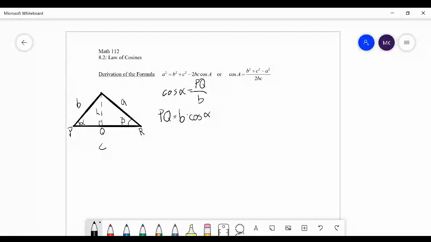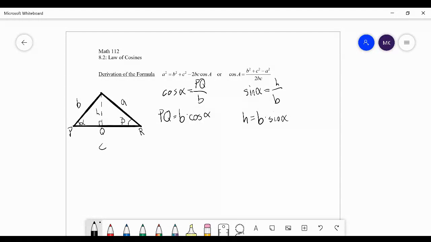Now, another thing we're going to need is the sine of alpha. Sine of alpha is nice and easy. Sine of alpha is H over B. Again, multiply both sides by B, and we get H is equal to B times the sine of alpha.